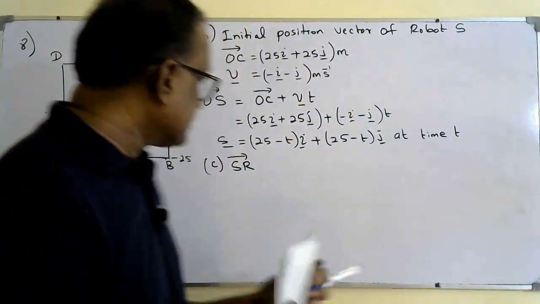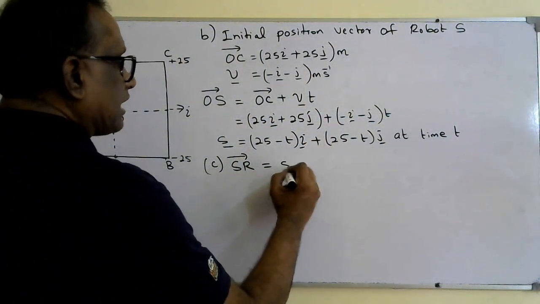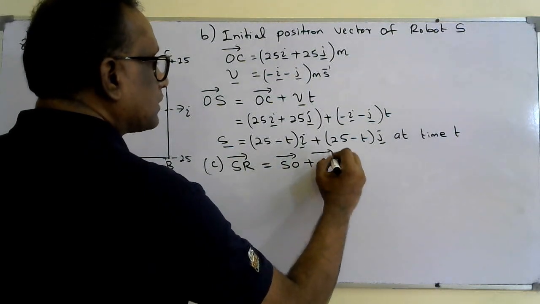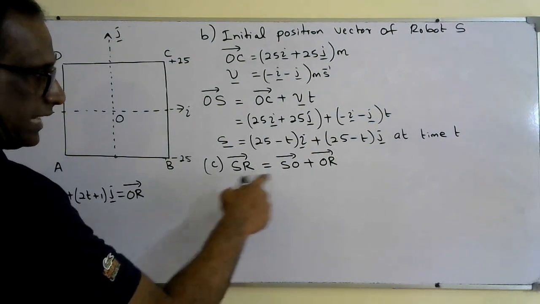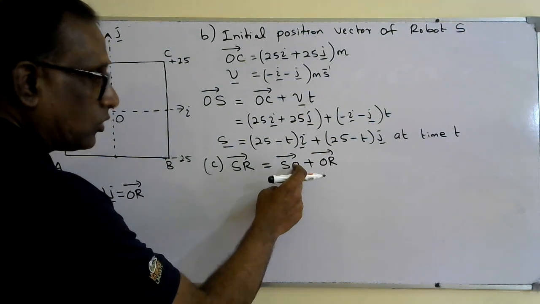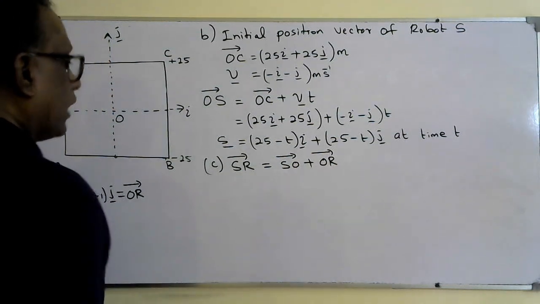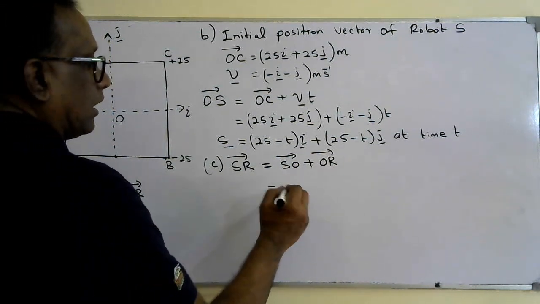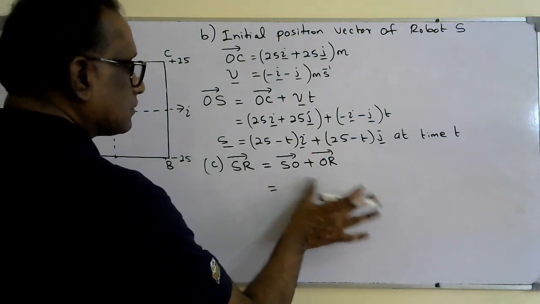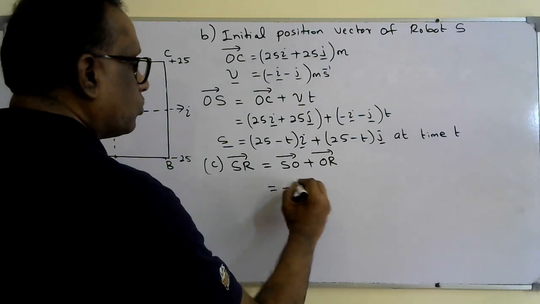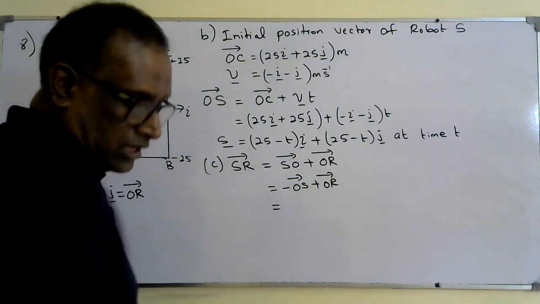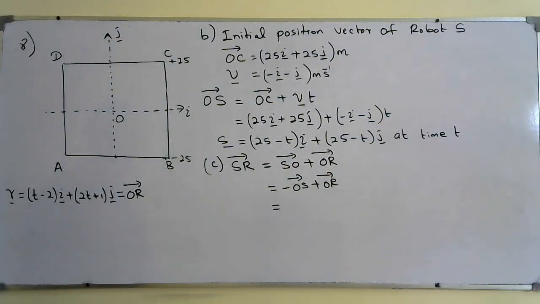So to find the vector SR, SR is equal to SO plus OR, because all are related to O, the origin. SO is negative OS, so minus OS plus OR. How to find minus OS?